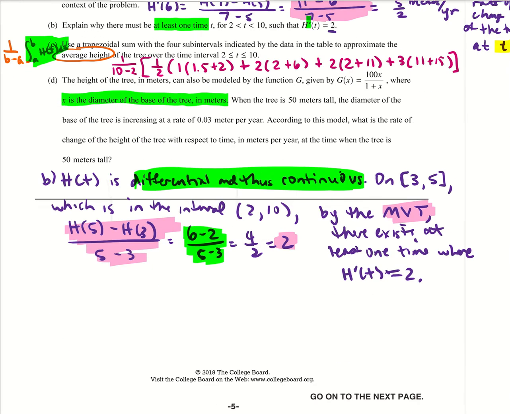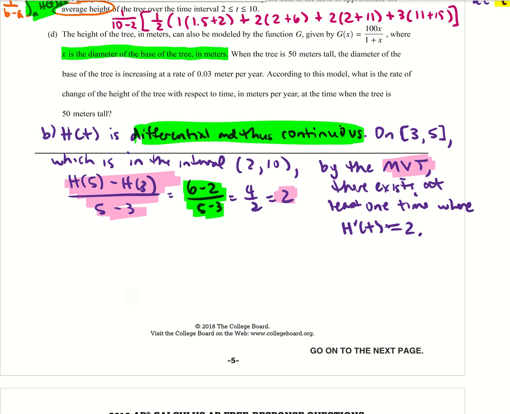All right, well, let's see if we can break this down a little bit. So for part D, the height of the tree can be given by g of x. And I'm just going to make sure that I know that that's the height. And remember, x is the diameter for my input of the tree. When the tree is 50 meters tall, so when the height is 50, the diameter is increasing at a certain rate.